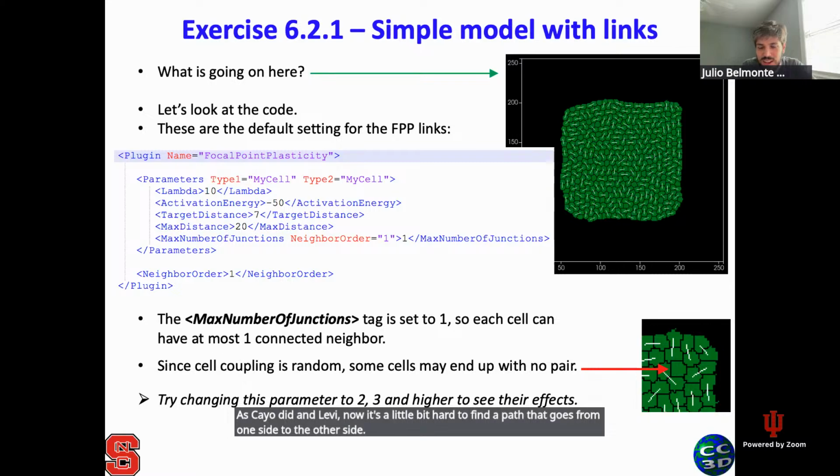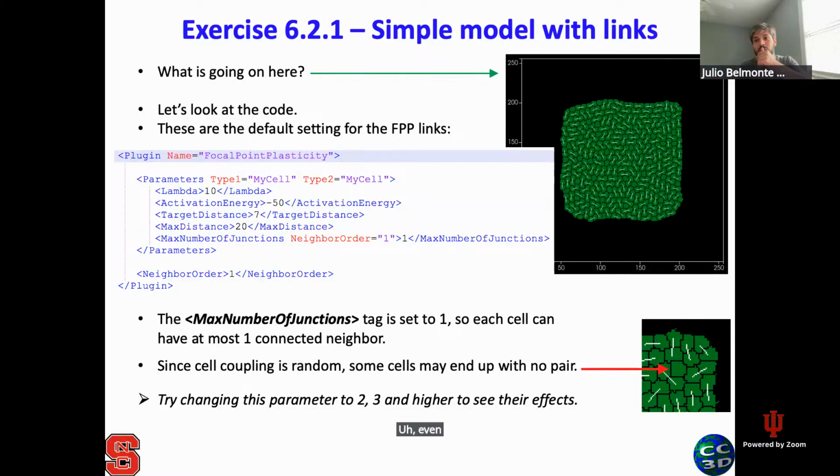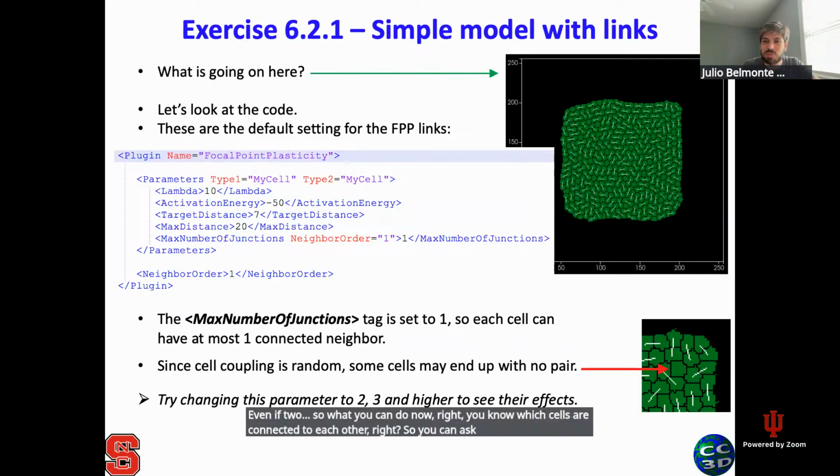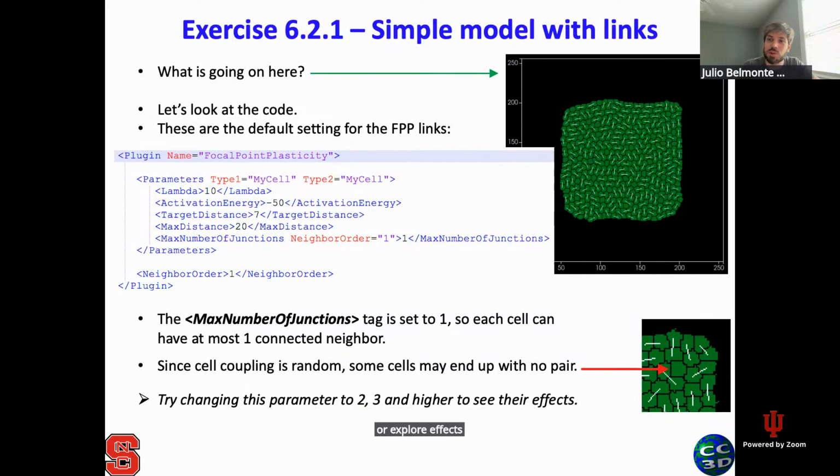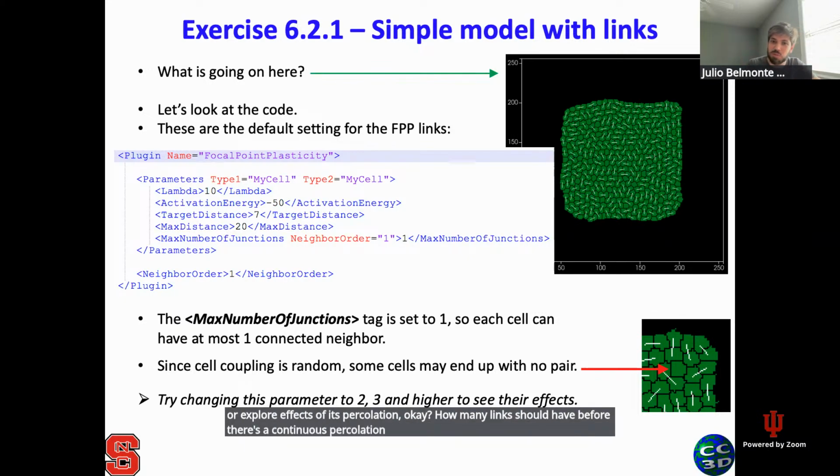So what you can do now, you know which cells are connected to each other, so you can ask questions about or explore effects of rigidity percolation. How many links should you have before there's a continuous percolation path from one side of your system to the other side?